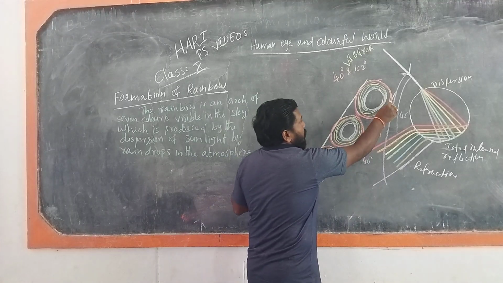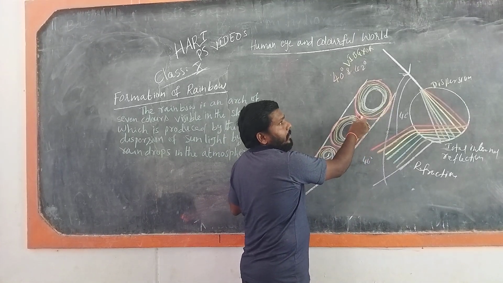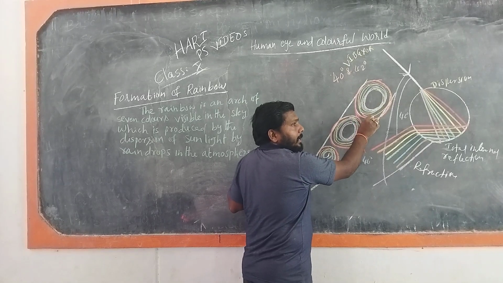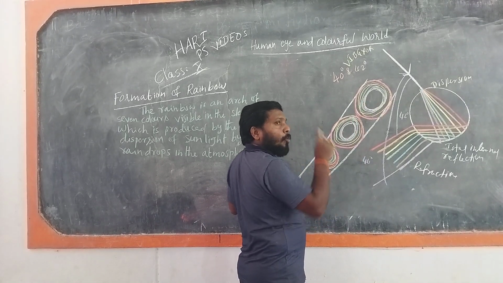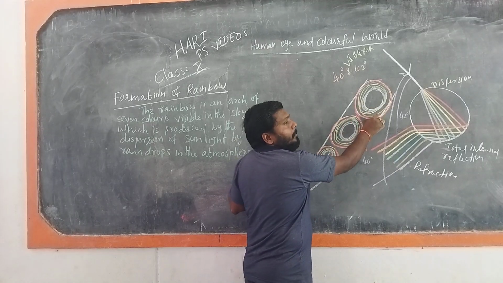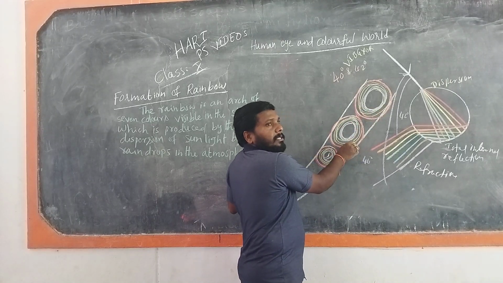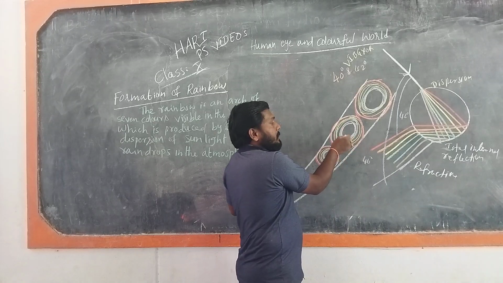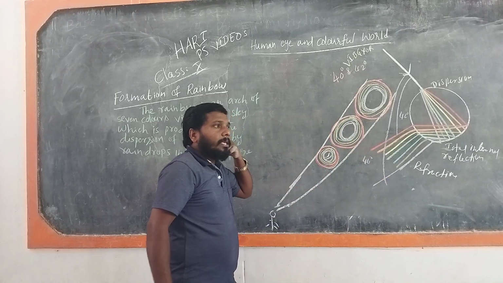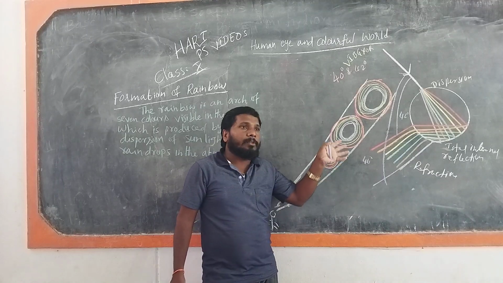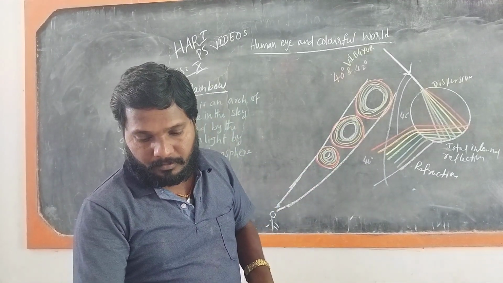So red is the outer layer of the cone, then orange is another one, then yellow is another one. In this way we are able to see different colors.